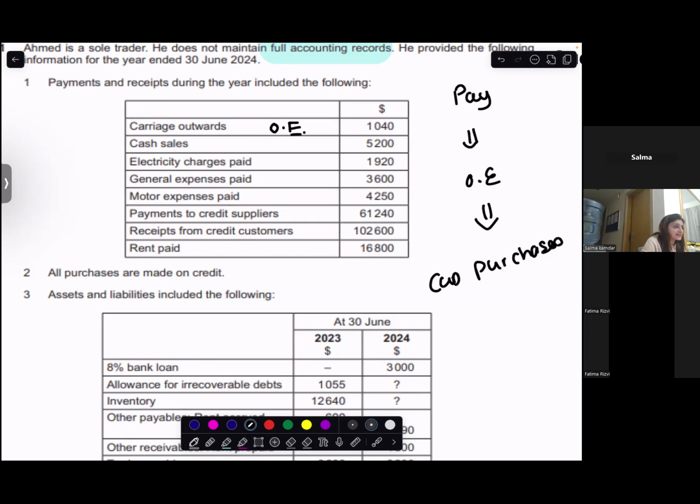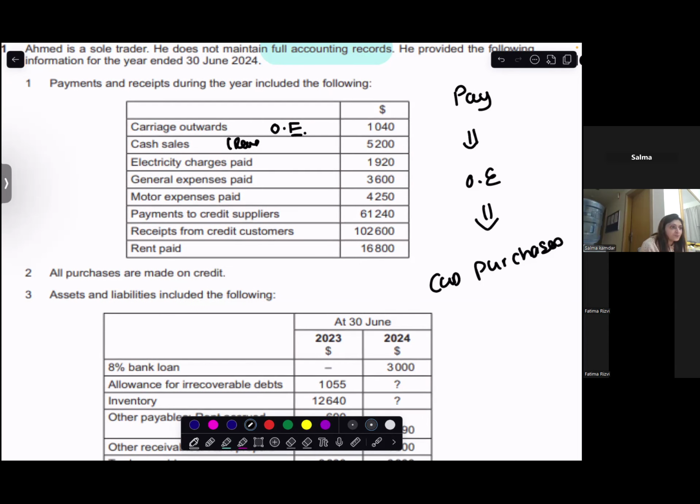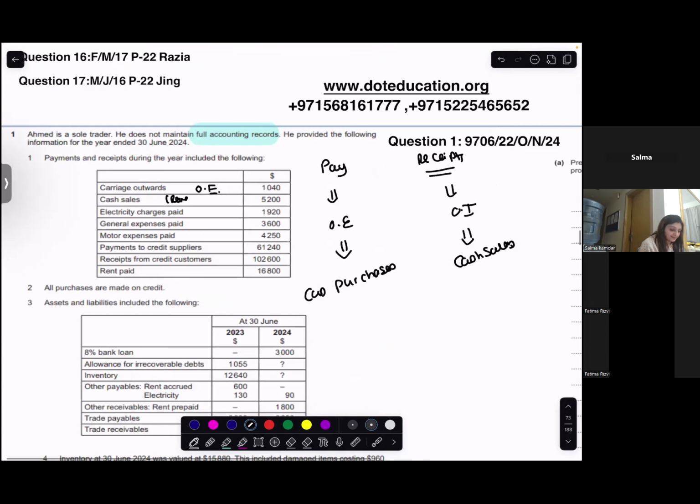Cash sales. Where does cash sales go? Cash sales is a part of revenue. Will I directly put it in the revenue, or will I try to find out my credit sales as well? Okay, fine.